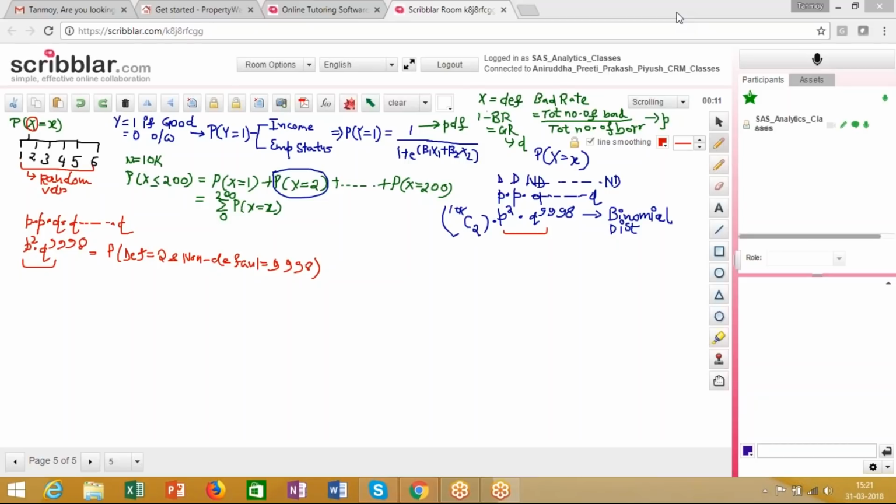I'll start by framing up the mathematical representation of the binomial distribution.